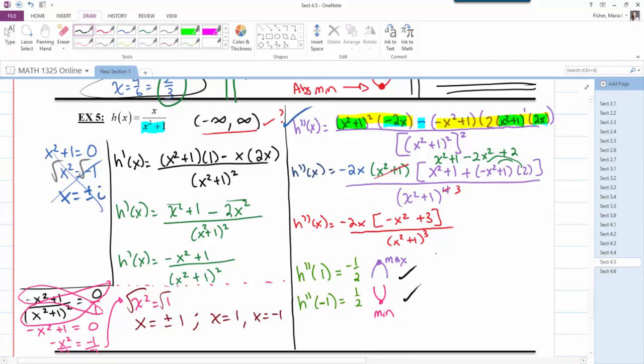So we did have to check it with the graph, but these are going to be our absolute maxes and mins. So then for this particular graph, we say that we have an absolute max at h of 1 equals, well, if we plug 1 into here, we can use a calculator. I'm just going to skip that part. So if I plug 1 in here, I end up with 1 over 2, which is 1/2.